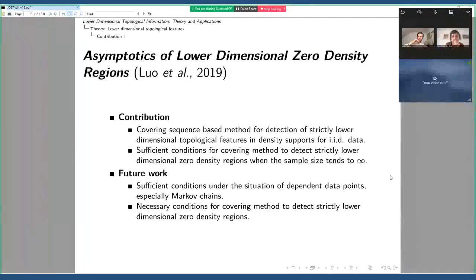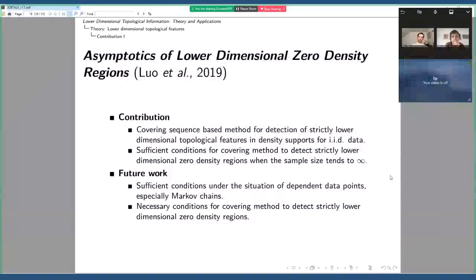However, people mean a lot of different things by shape. So I wouldn't claim that our method can actually recover a very specific shape, for example, like a curve or something like that. However, it does give you an indication of what the zero density region looks like.